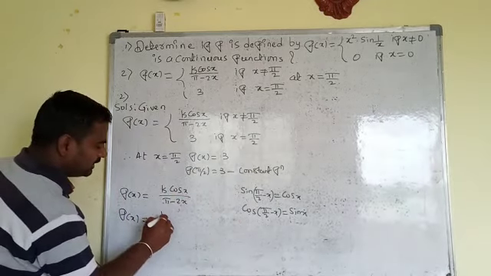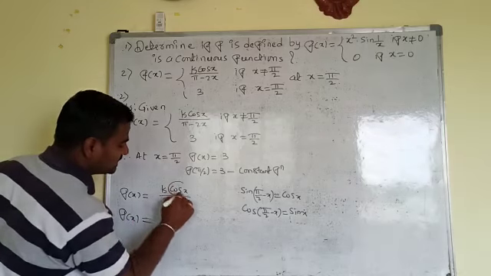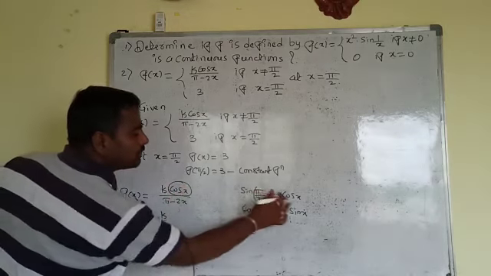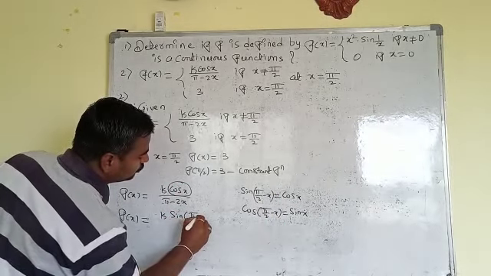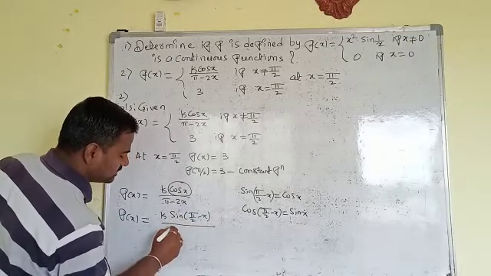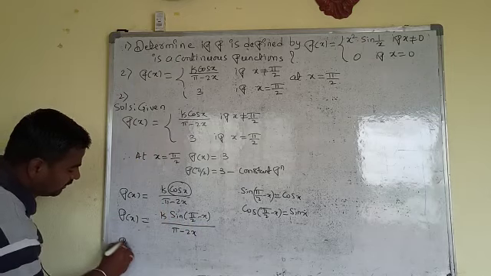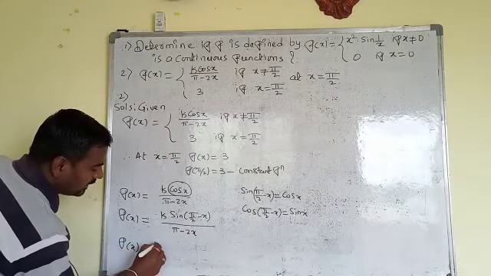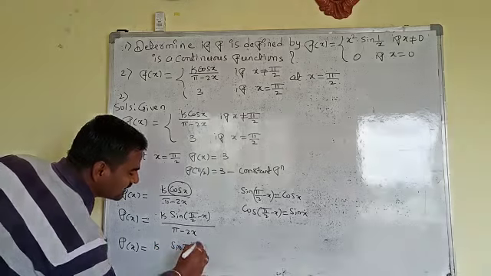So you can write k here as usual, and cos x, this value, represent as sine of pi by 2 minus x, right? Here keep constant pi minus 2x. So next step, f of x, k keep constant, sine of pi by 2 minus x.